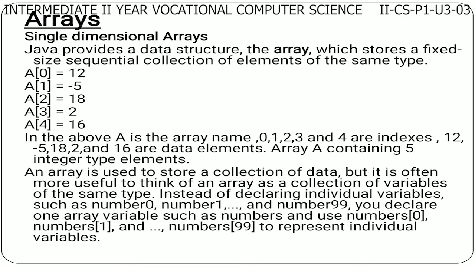In Java we have two types of arrays, single dimensional arrays and two dimensional arrays. Here you can see a of 0 is 12, a of 1 equals to -5, a of 2 equal to 18. Here a represents a array.